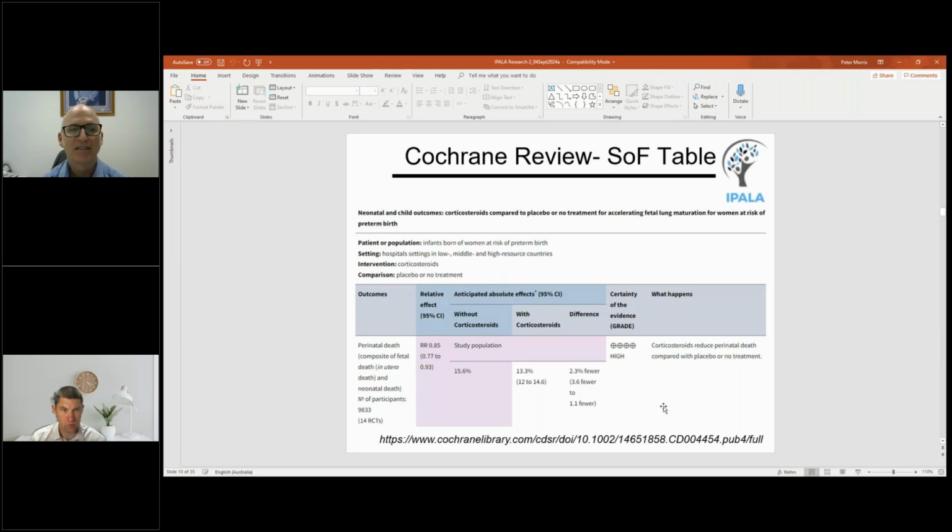The relative risk is 0.85, so a relative risk reduction of 15%, and that's converted into an absolute risk difference of 2.3%. Now, next to that, you can see 4 circles with crosses in, and that's the certainty of evidence as assessed using the GRADE approach. So it's high certainty of evidence.